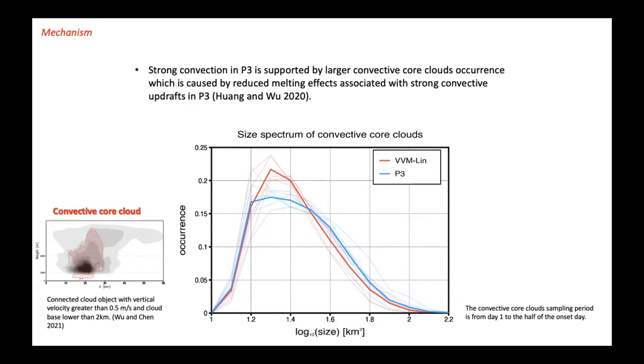This is caused by the reduced melting effect associated with strong convective objects in P3, as suggested by Huang and Wu 2020. Basically, it means that in the strong convective region, you can form hail instead of graupel, so that the hail can move faster through the freezing level. That reduces the melting effect and sustains the stronger convective object to develop.